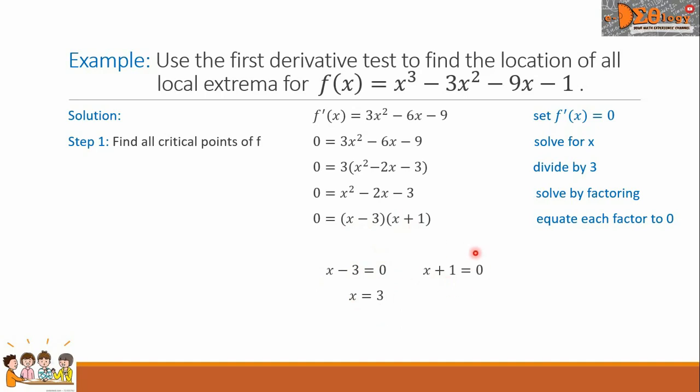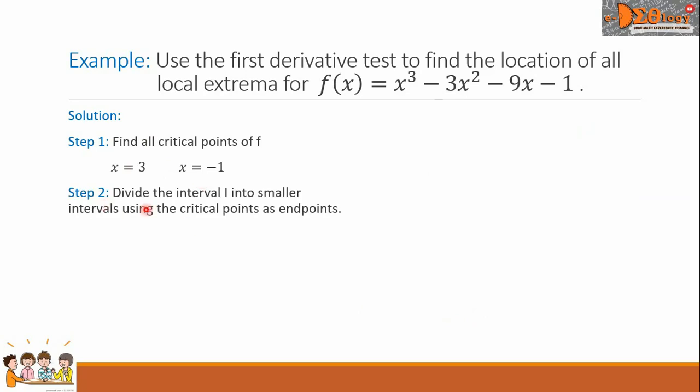And on the other equation, x plus 1 equals 0, the x value here now becomes negative 1. We can see here that we have two critical points when x is equal to 3 and x is equal to negative 1. Let us copy these critical points under step 1, just like we have here.